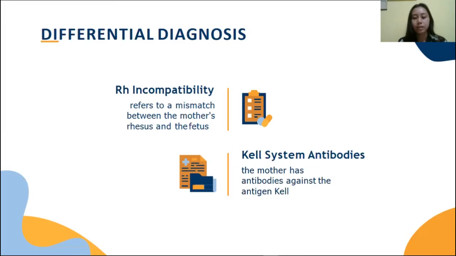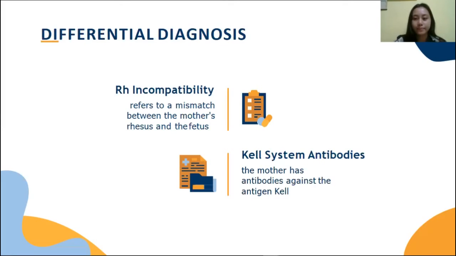As in the case with rhesus incompatibility, in Kell antibody system, it takes maternal sensitization to form anti-Kell IgG. In addition to causing erythrocyte destruction, IgG anti-Kell also depresses erythropoiesis by causing erythroid destruction by macrophages in the fetal liver.